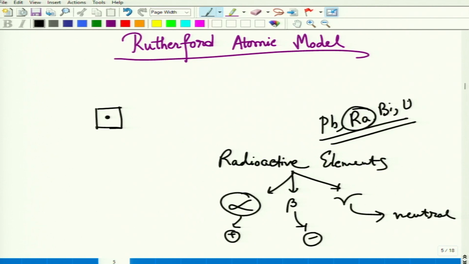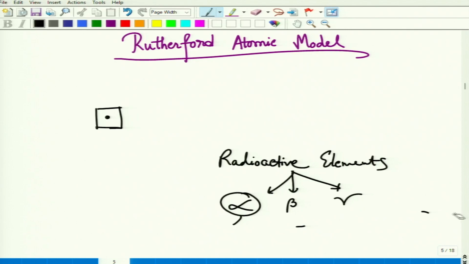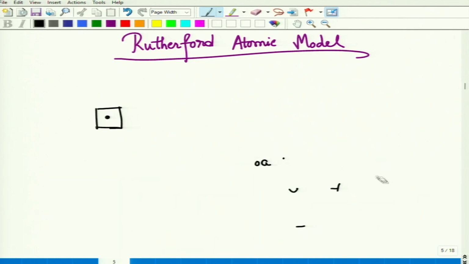These are very well-known radioactive elements. First, Becquerel discovered radioactivity. We know these things, I am not getting into that, but radioactive elements are very well known, and the mass and charge of the alpha particle were also known by experiment.